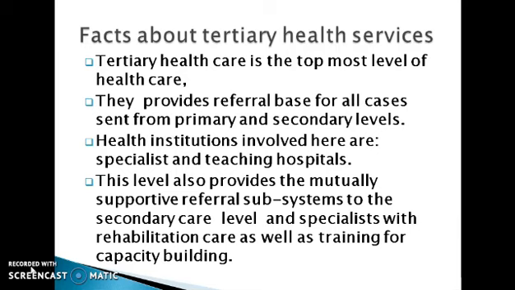The health institutions involved in tertiary health care include specialist hospitals and teaching hospitals. This level also provides a mutually supportive referral subsystem to the secondary level, and specialists with rehabilitation care as well as training for capacity building.